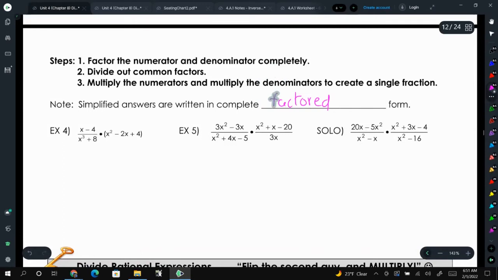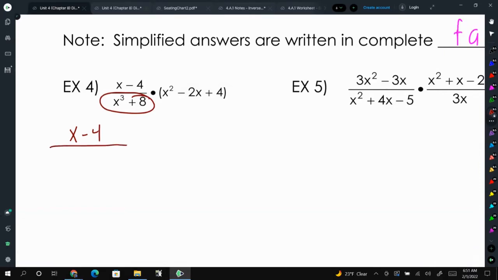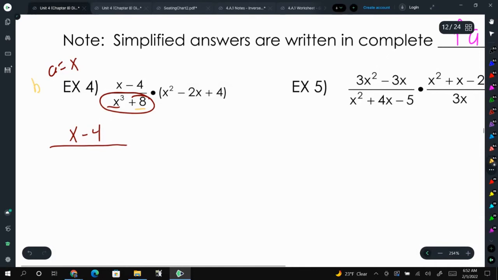So if we look at these examples here, we want to factor the numerator and denominator first. We can't factor x minus 4, it's already done, but this is the sum of two cubes. So we can rewrite this as x minus 4 over, your a would be x, and your b would be 2, because the cube root of 8 is 2.